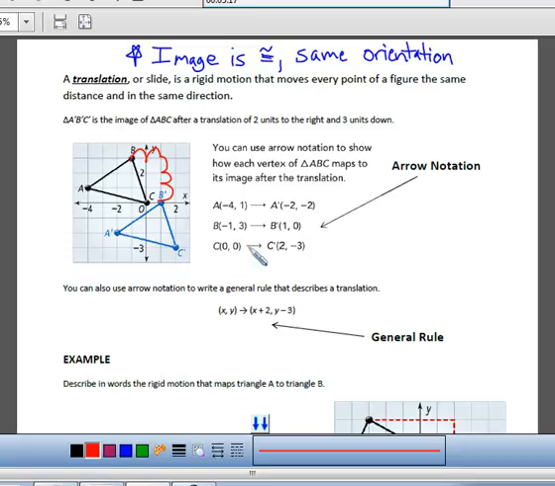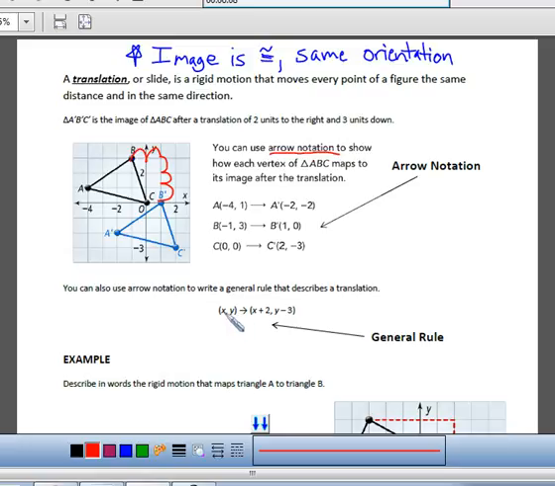Now, if you follow all of these, this is called arrow notation. Why? Well, because we're using an arrow to show the original point to the image. And then we can use arrow notation to write a rule. So point A starts at the point -4, 1, or our x and our y.